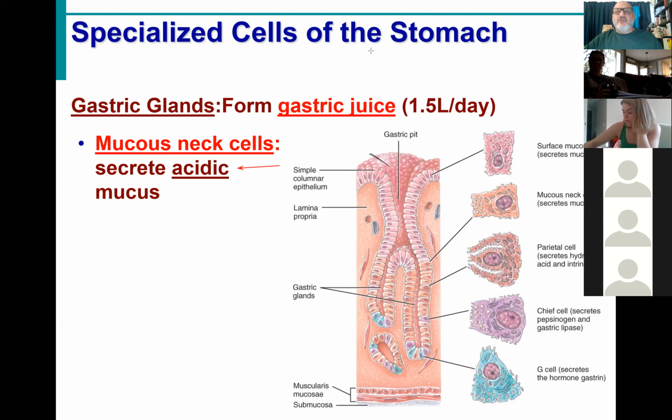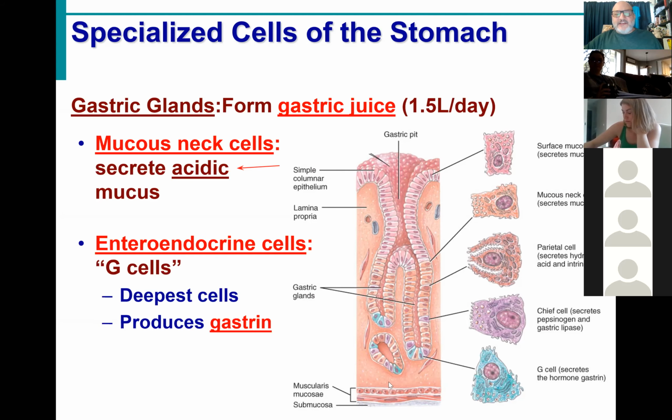And that brings us to our last cell. That last cell, remember, is that enteroendocrine cell located way down deep at the base of the gastric gland. Why is that important? Because as the name indicates, enteroendocrine cell means that it is an endocrine cell.